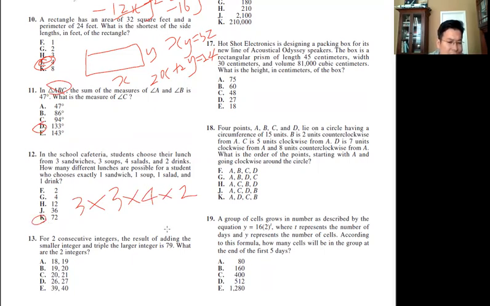And the next one, 2 consecutive integers, right next to each other, like 1, 2 is 2 consecutive. The result of adding the smaller integer and triple the larger one. So if the smaller one is x, then the other one is x plus 1, right? The result of adding the smaller one and triple the larger one becomes 79.